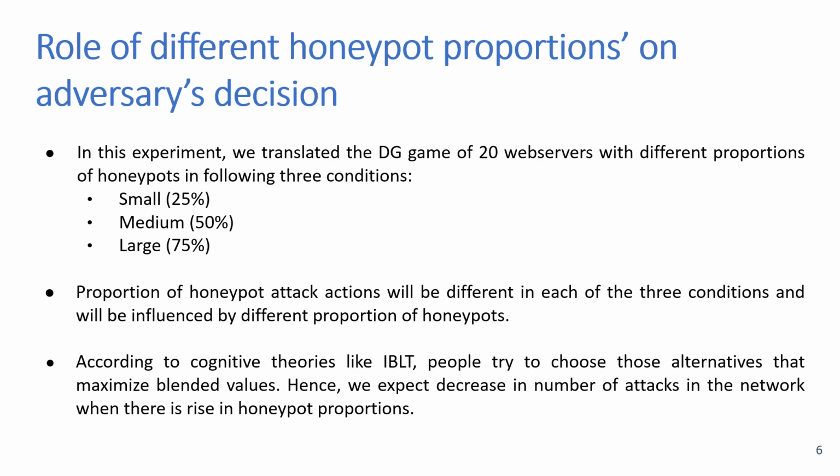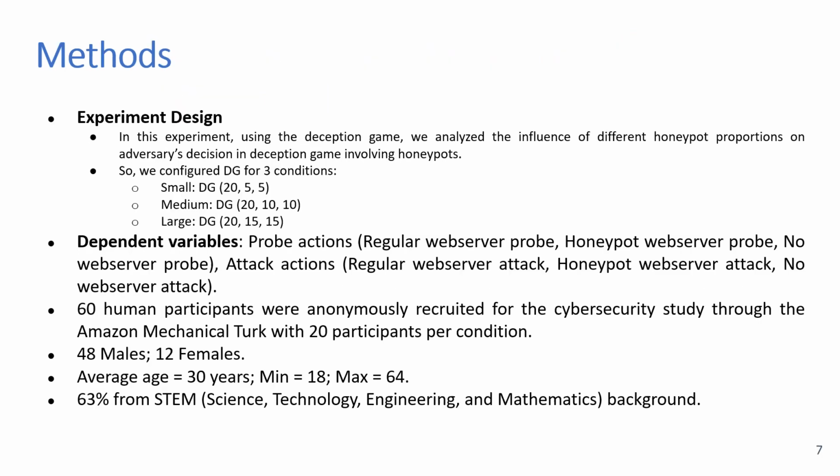As we know, if there is an increase in proportion, then it is likely that there would be some effect in the decision, and also that the adversary would be attacking more honeypot web servers. Also, as per cognitive theories like IBLT, people try to choose those alternatives that maximize their blended value, and hence we expect a decrease in the number of attacks as there is a rise in the honeypot proportions.